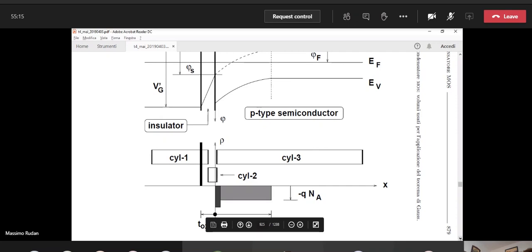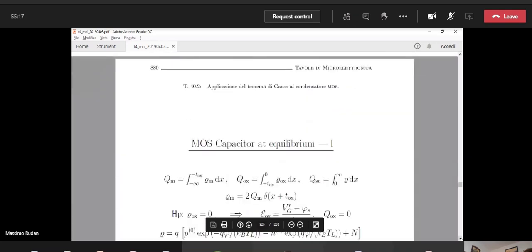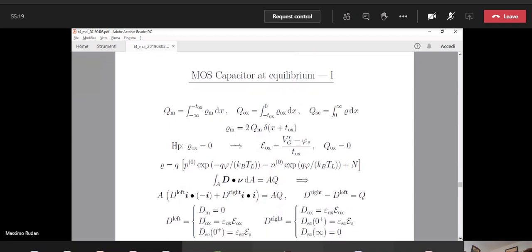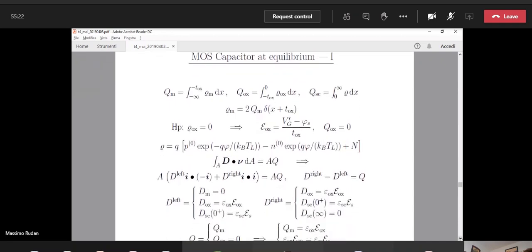Now, the application of the Gauss theorem in one dimension is very easy, okay? And before we proceed with this application, we just define some quantities.